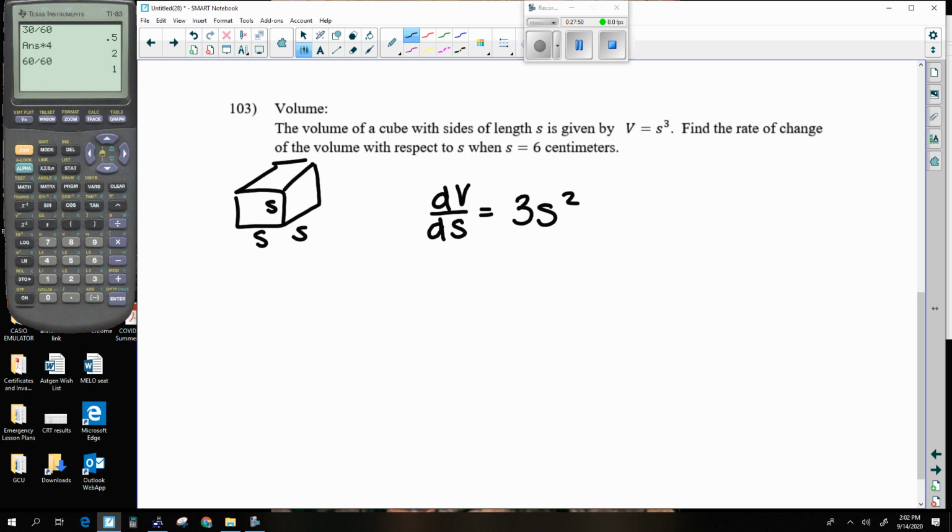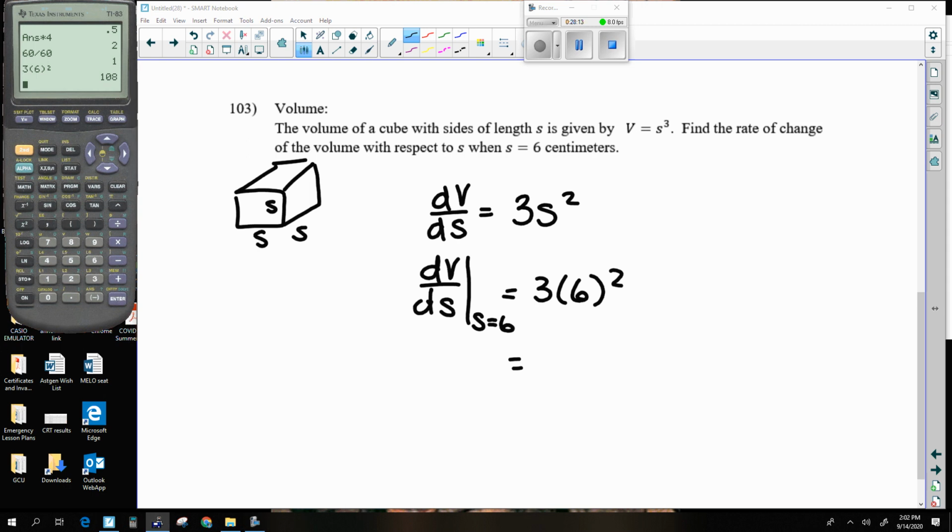Okay, so that is the derivative. That is the change of volume with respect to the side. So when s is 6 centimeters, this is going to be 3 times 6 squared, 108.